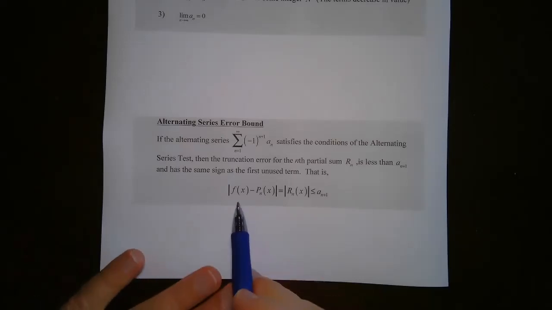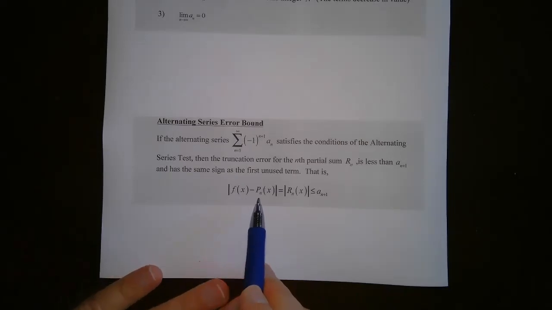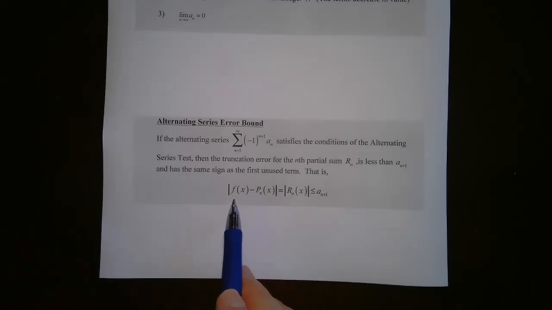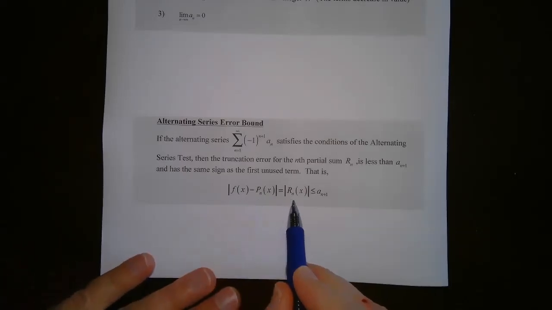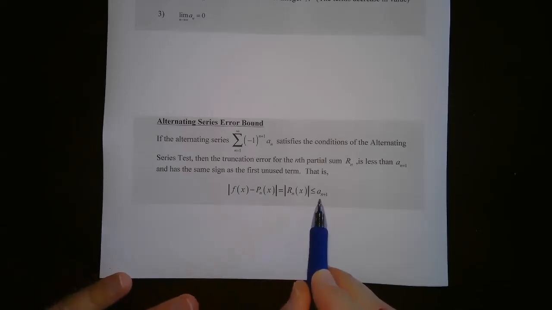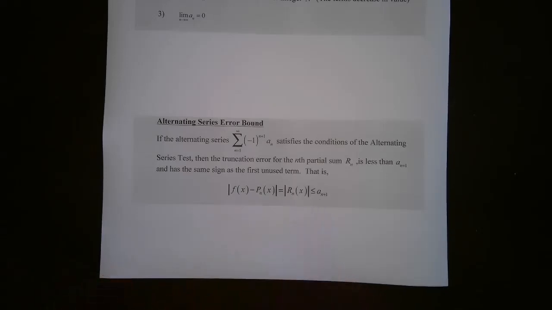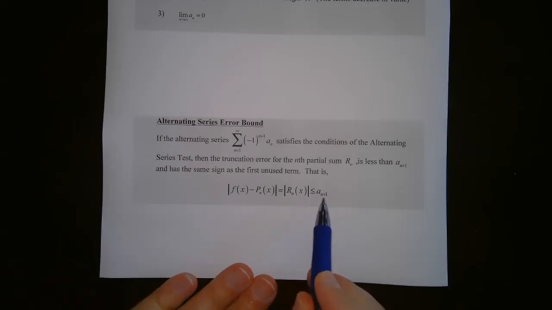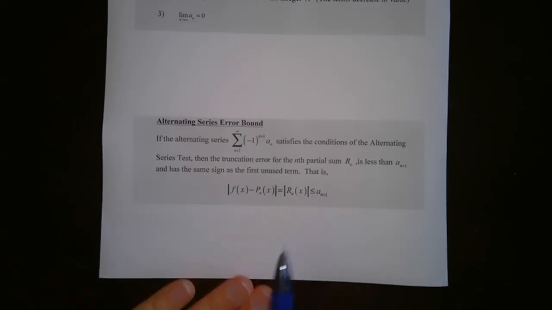If we have the function minus the nth term Taylor polynomial, the difference between those would be our error, r sub n of x, and that always has to be less than or equal to the a sub n plus 1 term. Now this is only true for the alternating series. So we know the error is going to be less than whatever this term value is right here.